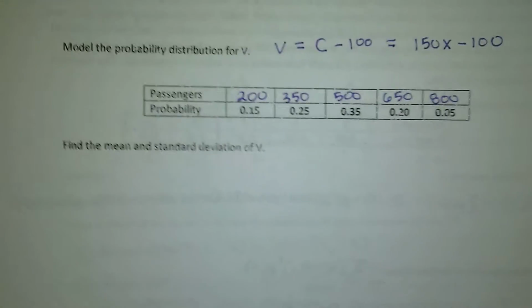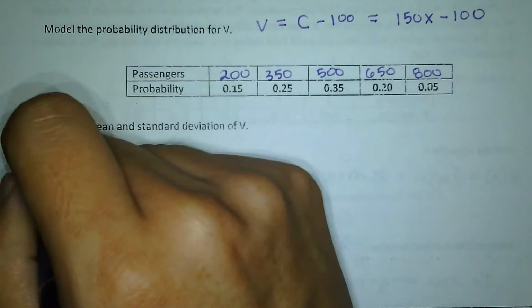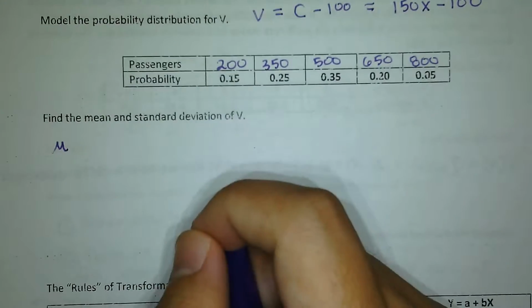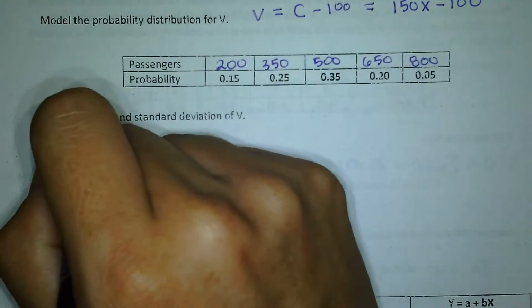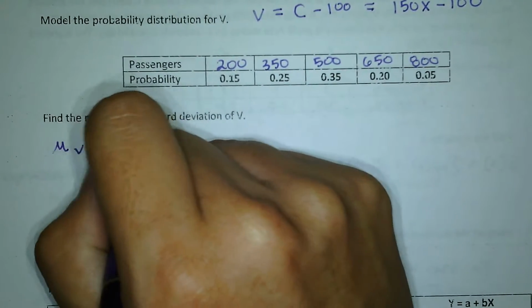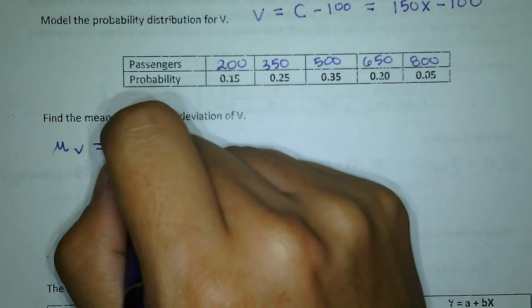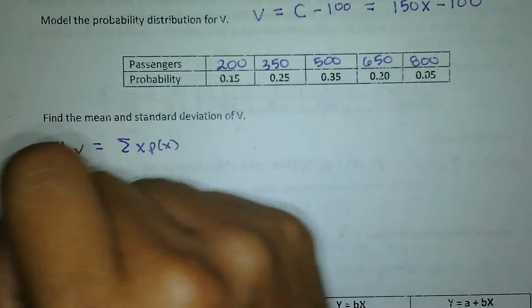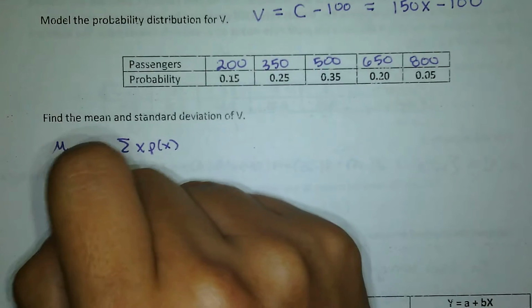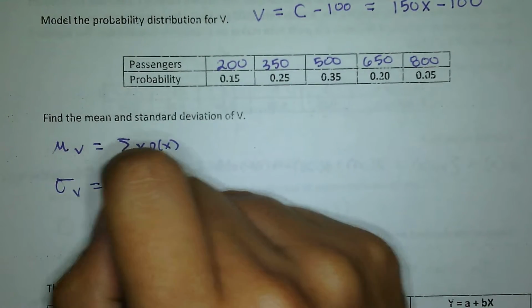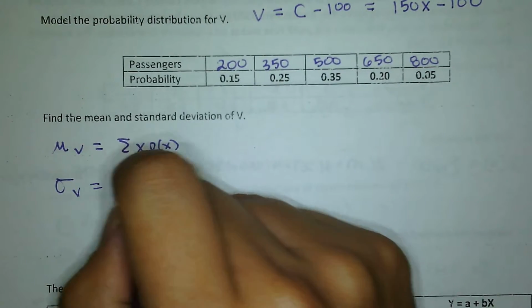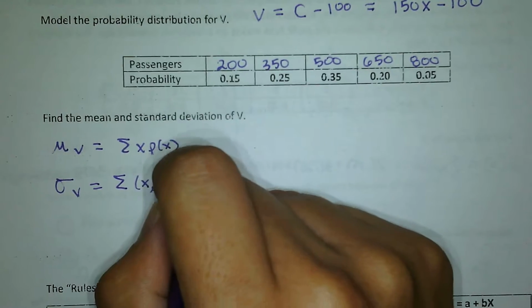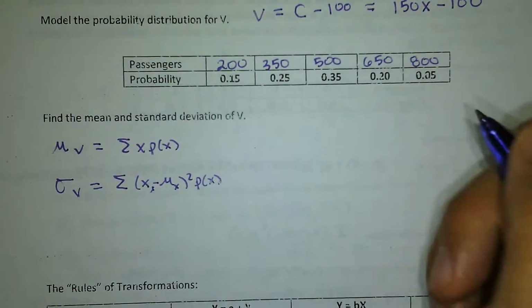Okay, so now again I'm going to model this out. The mu, this mean expectation of v, is equal to the sum of its outcomes times their probabilities. And the sigma of v is also equal to the sum of the products of the differences here.